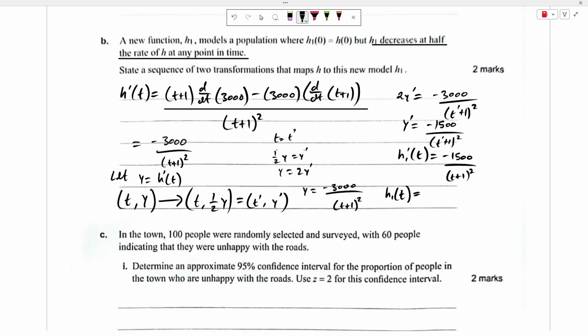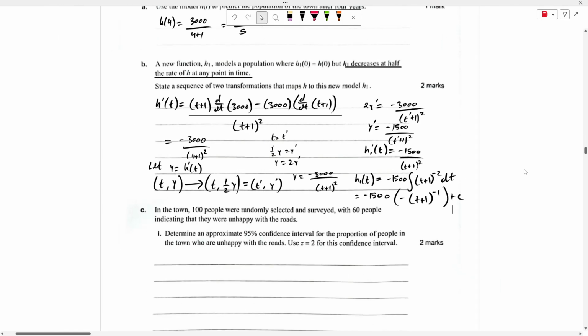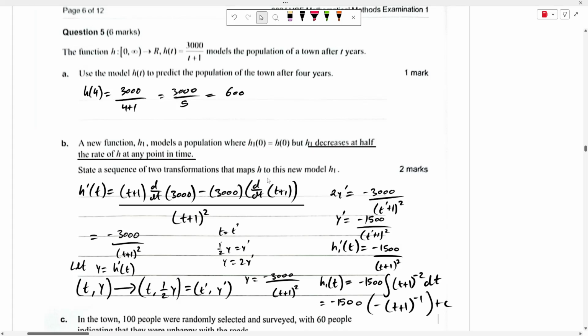Well, we just have to integrate this, right? And when you integrate this, you can take out the negative 1500. Remember to add the plus c.